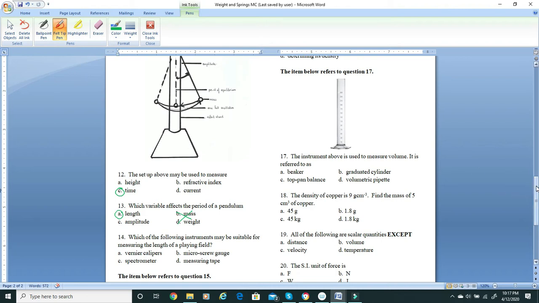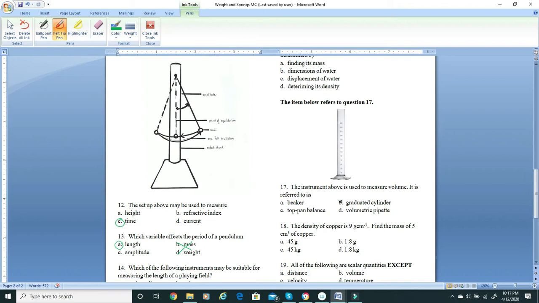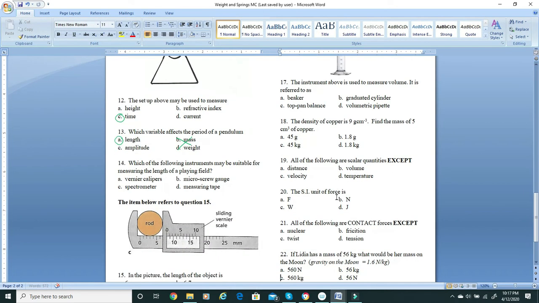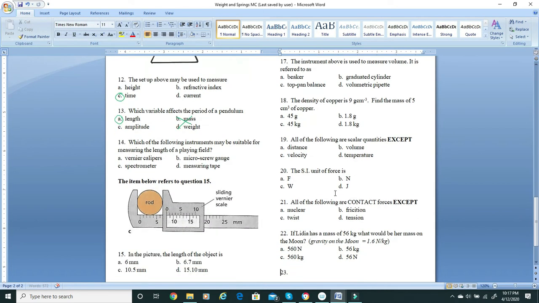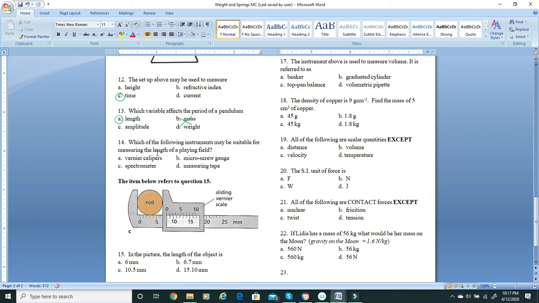Okay, so moving on. It says, which of the following instruments may be suitable for measuring the length of a playing field? Vernier calipers, microscope or gauge, a spectrometer, or measuring tape?